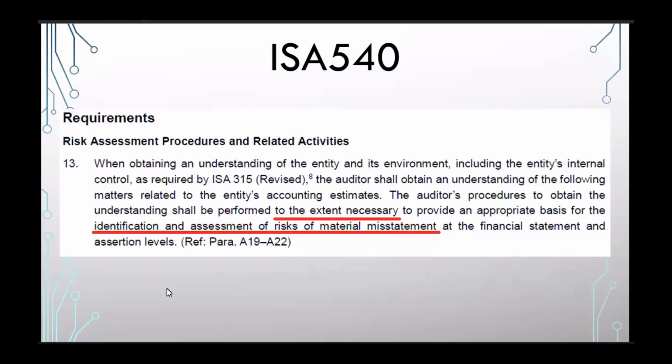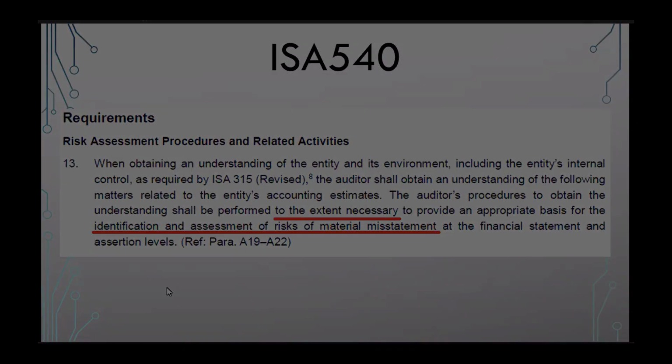If you're dealing with a small company, maybe those estimates are not as complex and you might do a little bit less work, and you go to a bigger company and there's more work to do. But please always understand it's this thing that says 'to the extent necessary'. Sometimes, yes, we're going to have a lot of questions in our template and a lot of space to insert information, but always understand how much you actually need to input, or how much detail you need to go into in order to successfully complete this engagement. So that's paragraph 13.